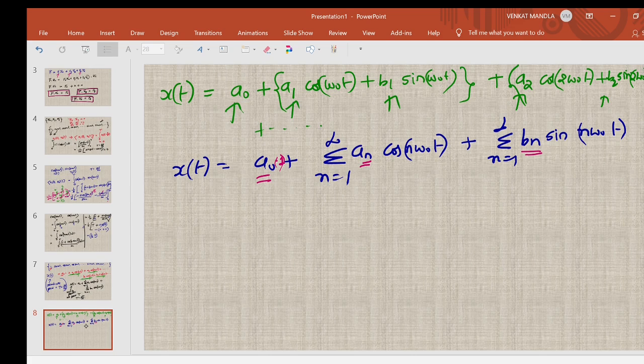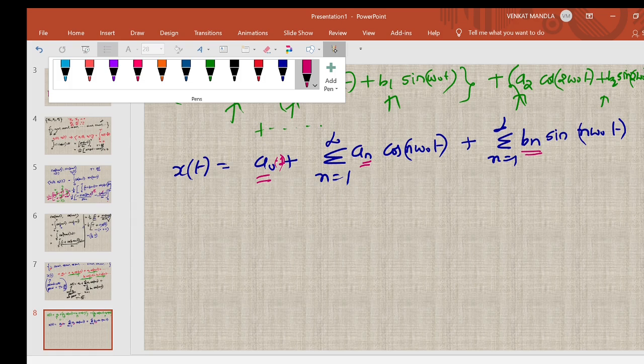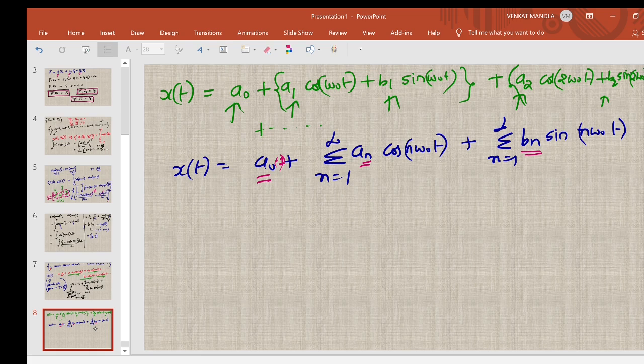In case of signals, we have to do the inner product. First I want to find out a naught, so here I have 1. I will do the inner product of x of t with 1 throughout the equation.